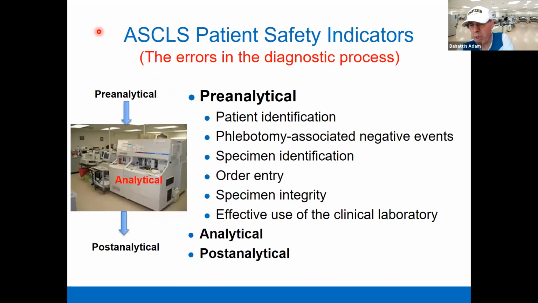Okay, now, as I said, we divide the lab procedure into 3 phases: pre-analytical, analytical, and post-analytical. I put here devices, an auto-analyzer, which we commonly use in clinical chemistry. The process before the device is known as pre-analytical.